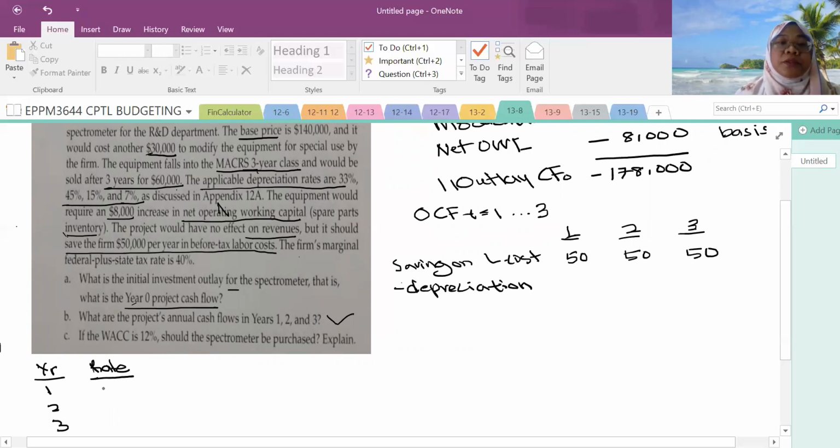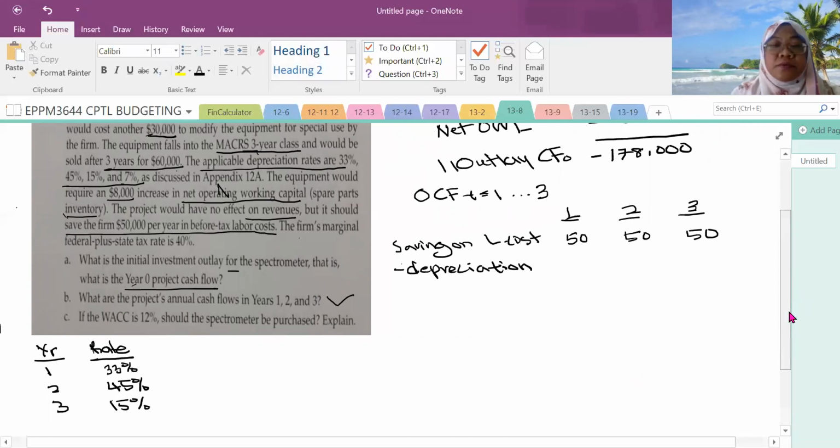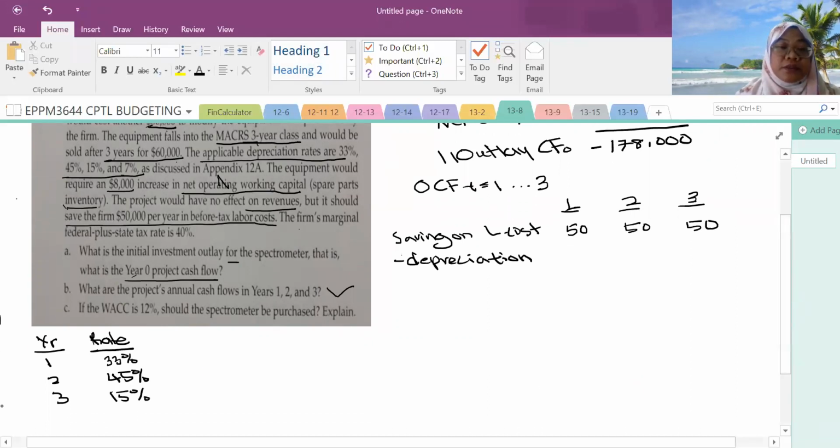The rate would be 33%, 45%, and then 15% for the third year, and we'll have another rate, which will determine your book value, because our project is only for 3 years. So here you will have some book value.